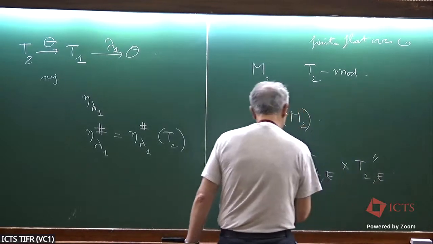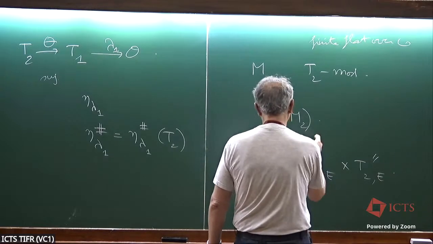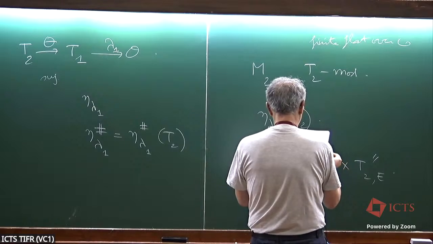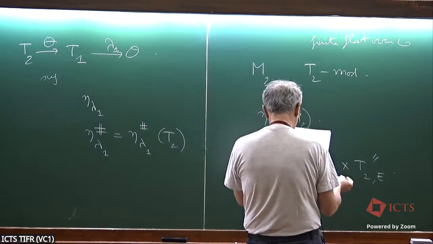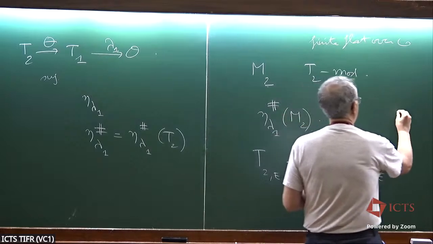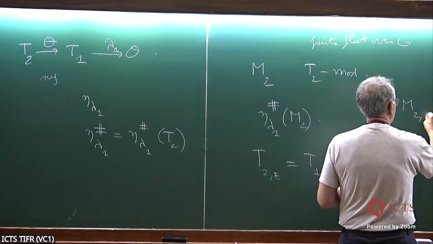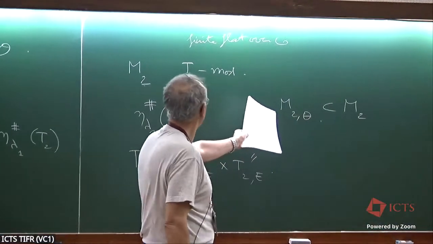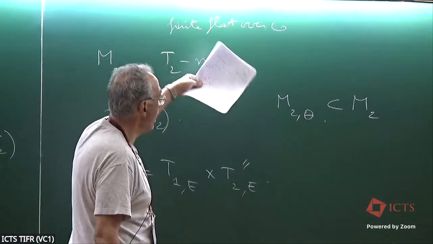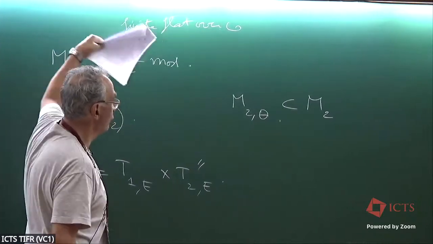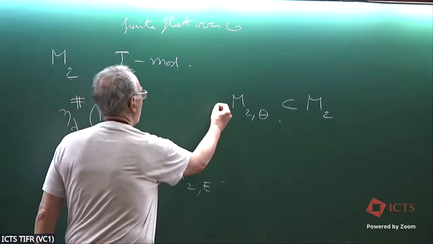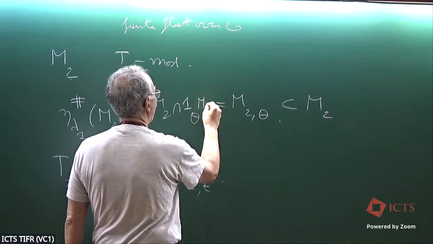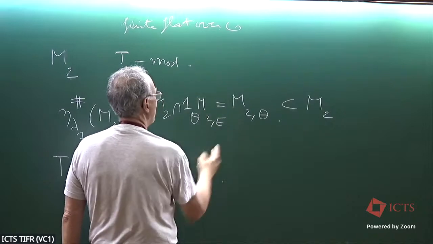And we considered M2 theta, which is the largest sub of M2 on which T2 acts via T1 through theta. If you want a formula, this is M2 intersection 1 theta of M2.